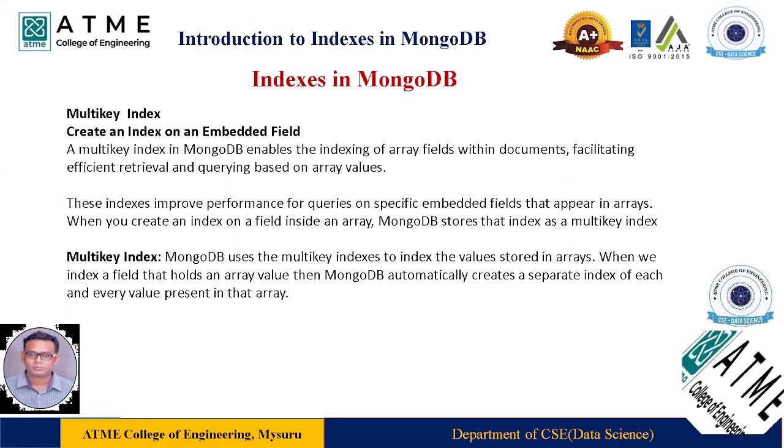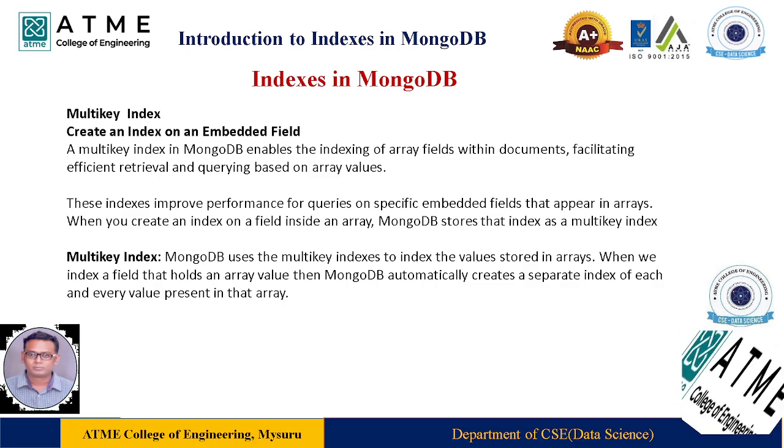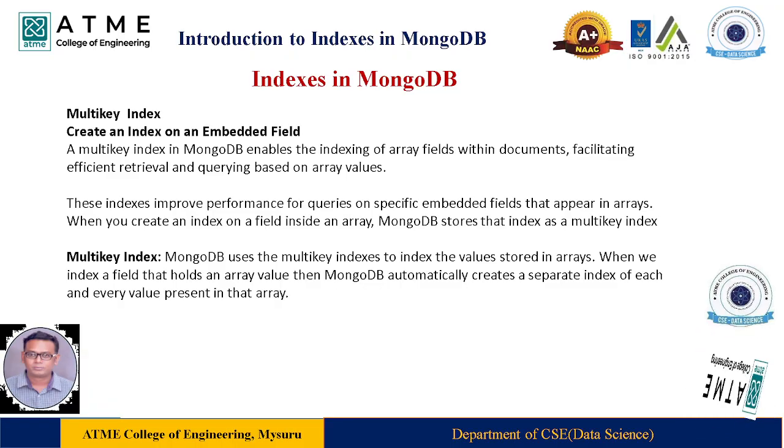So we'll next come to the multi-key index. What is a multi-key index? A multi-key index is nothing but an index created on an array. In short form, you can say an index created on array fields is nothing but a multi-key index. A multi-key index in MongoDB enables you to index array fields within the documents, facilitating efficient retrieval and querying based on array values. These indexes improve performance for queries on specific embedded fields that appear in arrays.